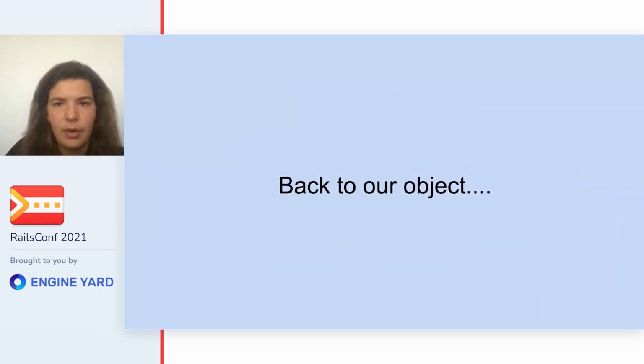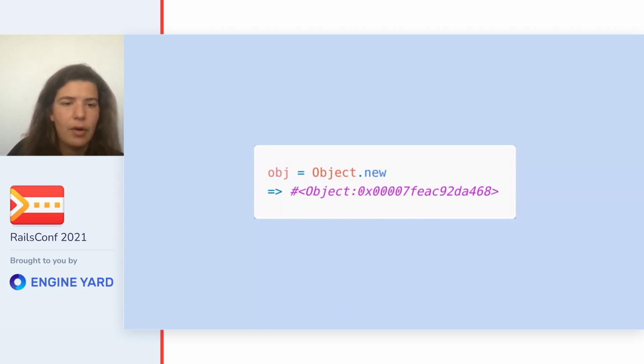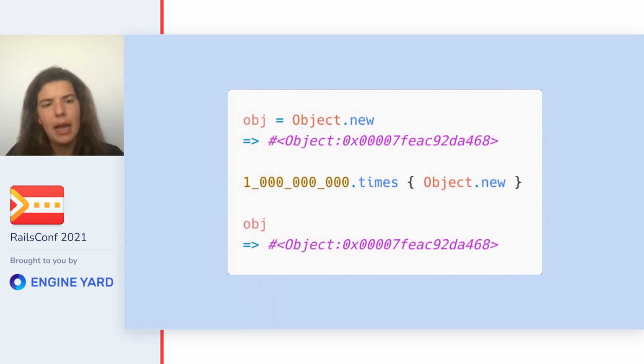To go back to our object, as we said earlier, we're holding a reference to it now, right? So it won't ever be collected until we clear that reference. But that kind of begs an interesting question here.